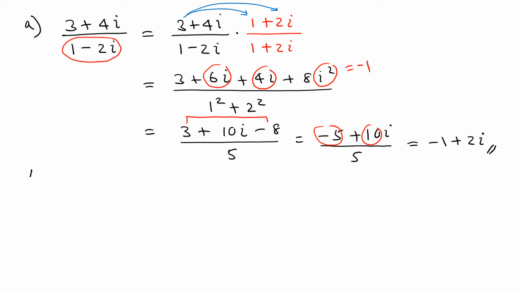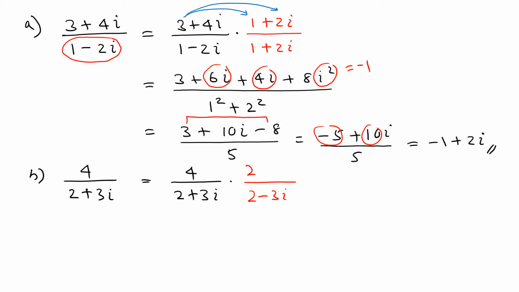So let's look at another one. Let's say we have 4 over 2 plus 3i. We're going to do the same way as we did before. We're going to multiply by the conjugate of the bottom. That means 2 minus 3i on top and bottom.